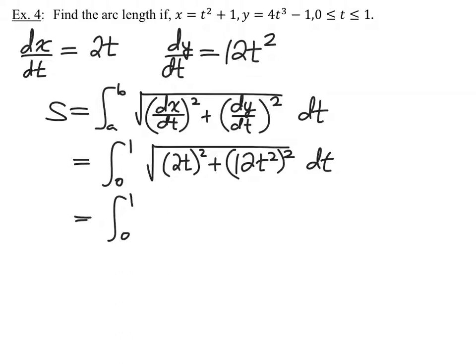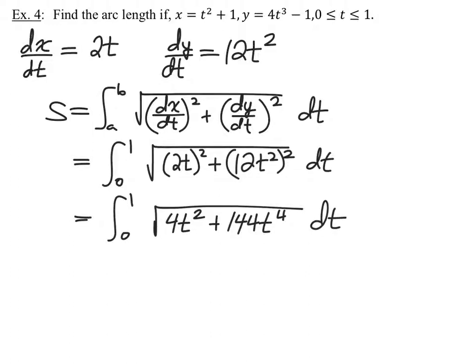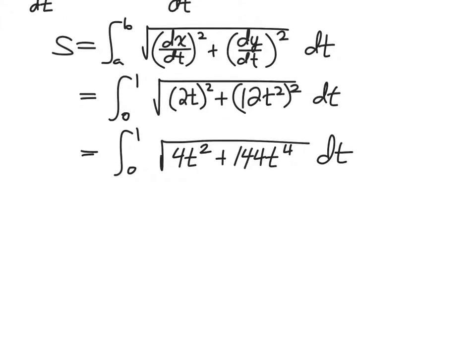On the interval of 0 to 1, we're looking at the square root of 4t squared plus 144 t to the fourth dt. All right, now there's some common factors that can be pulled out. And then you can go that route. In this case, you'd be doing a little trig substitution in order to find the integral.